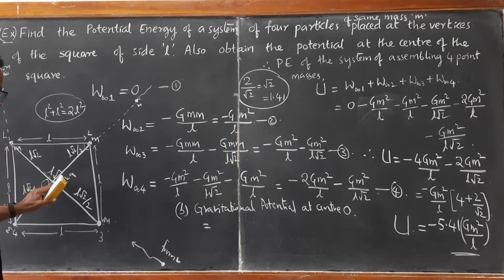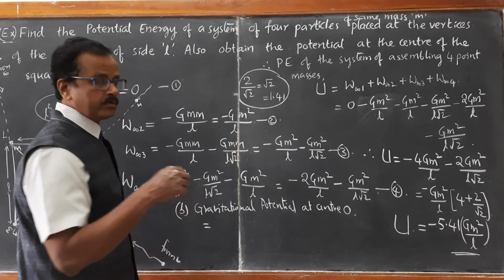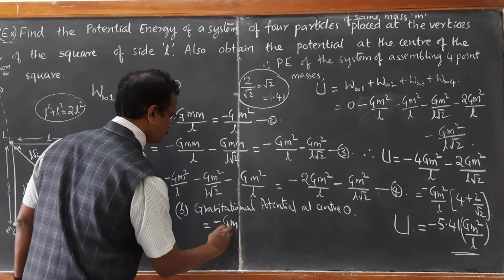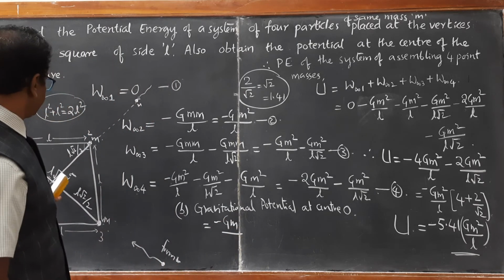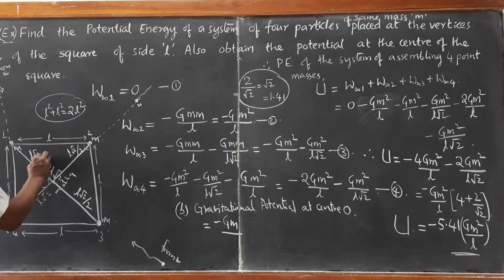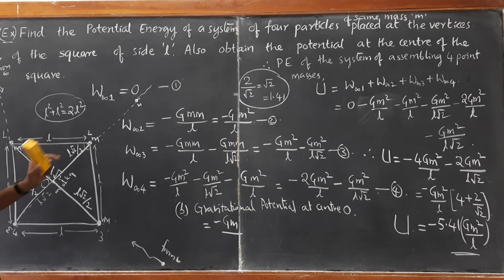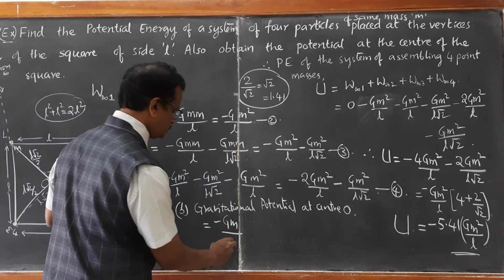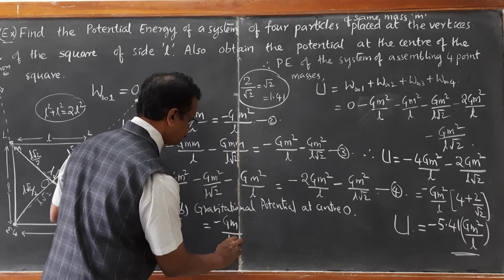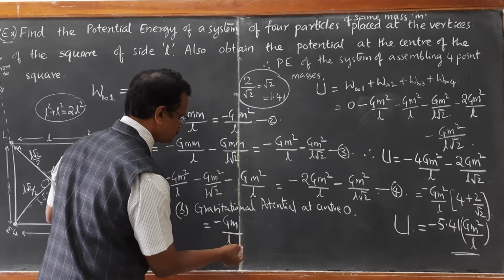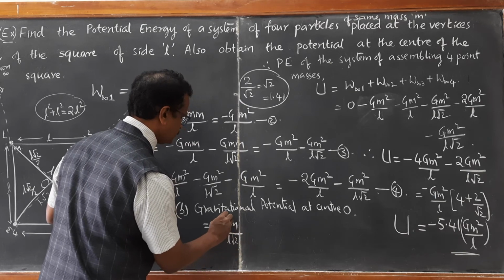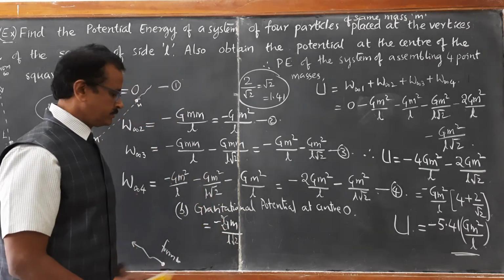M into 1 becomes M, minus G M upon the distance between them, which is L root 2 by 2. So the 2 comes to the numerator.